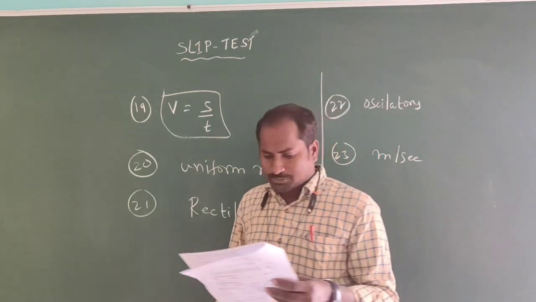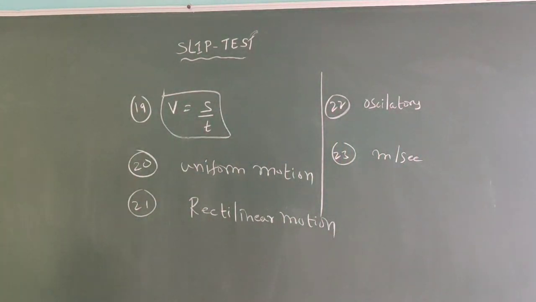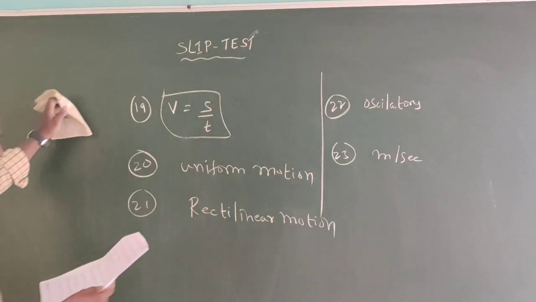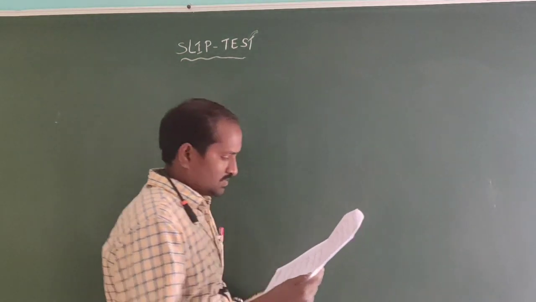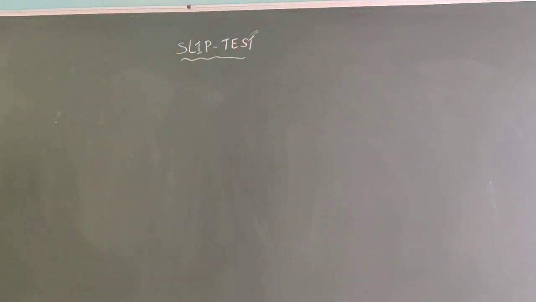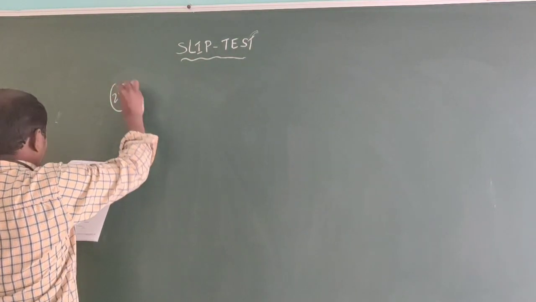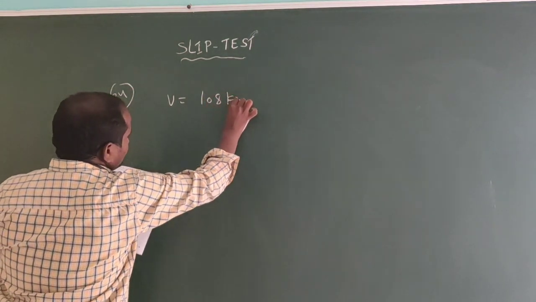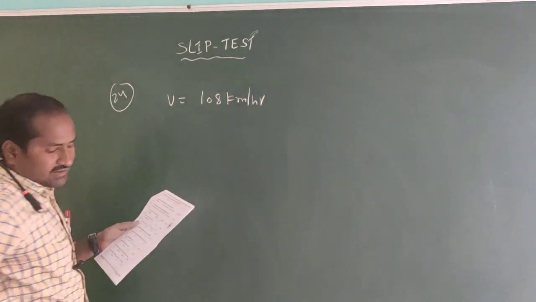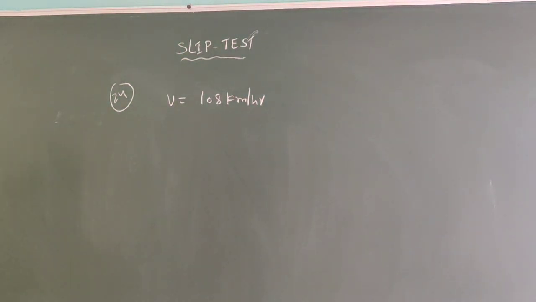Express this speed in meter per second. Here, question number 24. Speed is given, V equal to 108 kilometer per hour.